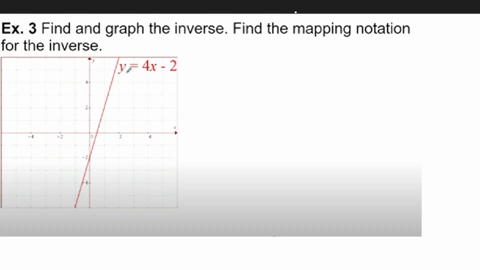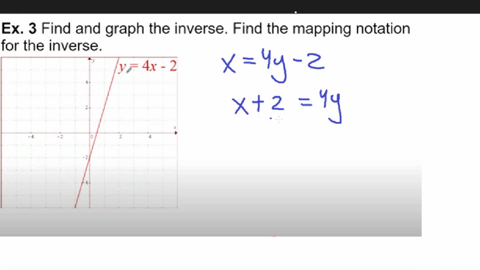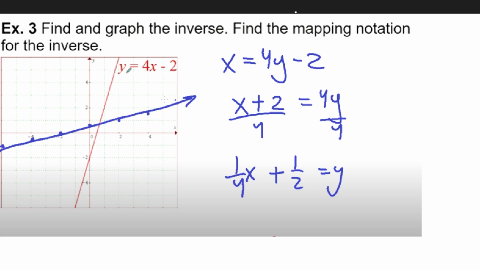Alright, so first things first, let's get the equation for the inverse. So x will be equal to 4y minus 2. Solve for what y is equal to. Sorry for the imperfect graph.